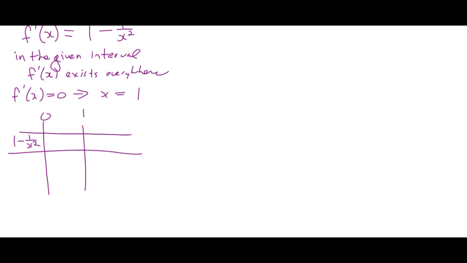All we really have going for us is there's no factor, right? It's just 1 minus 1 over x squared. So between 0 and 1, if we had like a half squared would be a quarter, but then that would be flipped and be a 4, would be 1 minus 4, so that would be negative. And anytime we get bigger than 1, this will just get smaller and smaller, so that'll be positive.